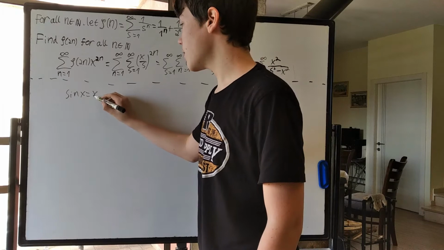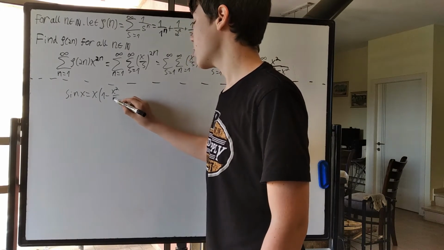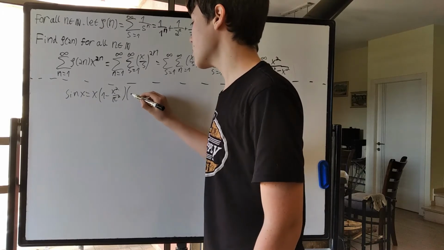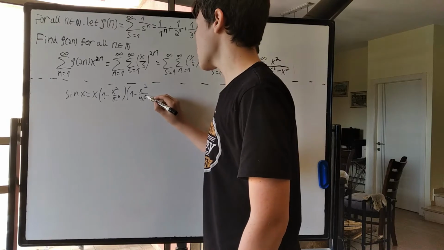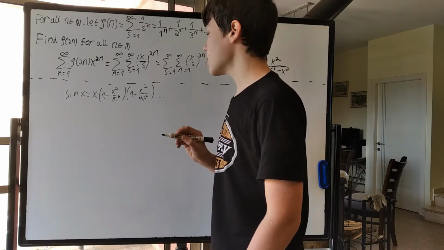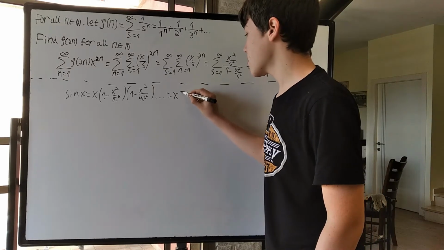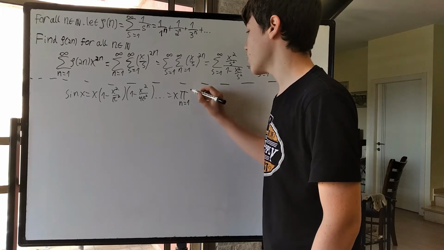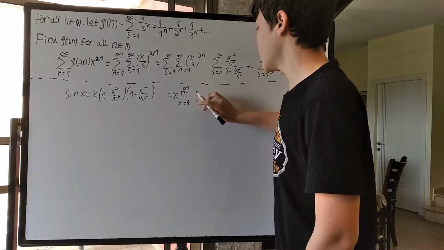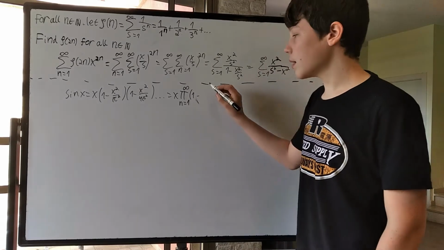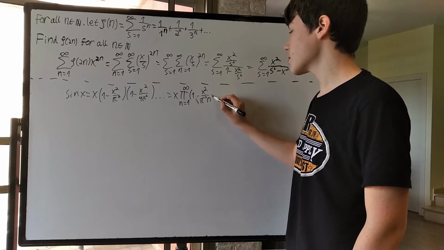And we got eventually that it is 1 minus x squared over pi squared times 1 minus x squared over 4 pi squared, and so on, which is x times the product as n goes from 1 to infinity of 1 minus x squared over pi squared n squared.